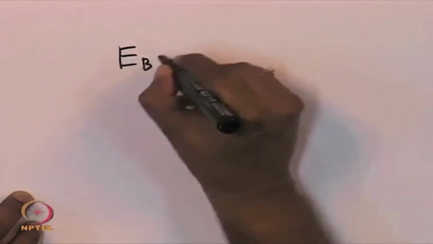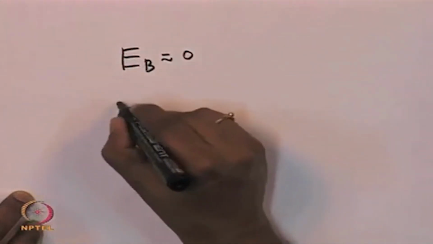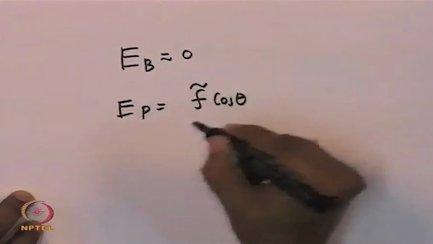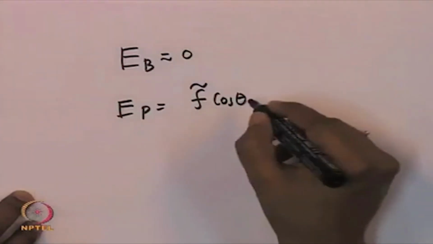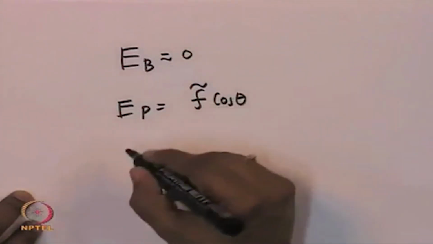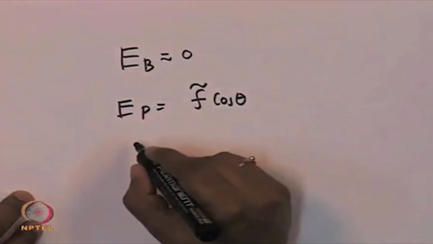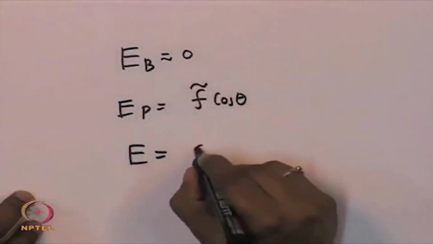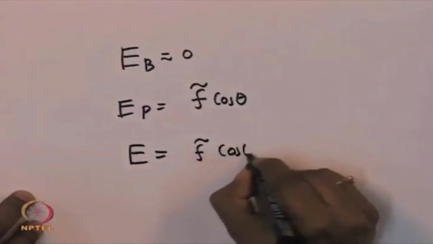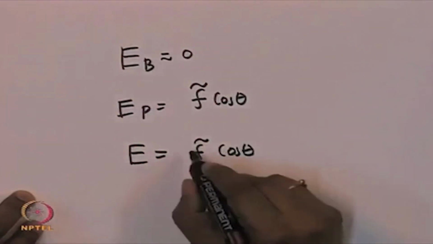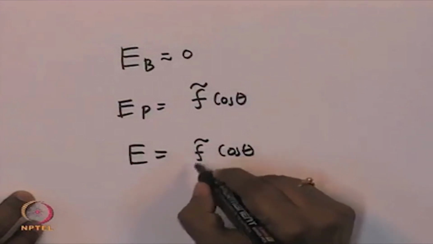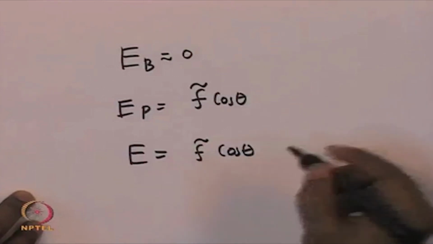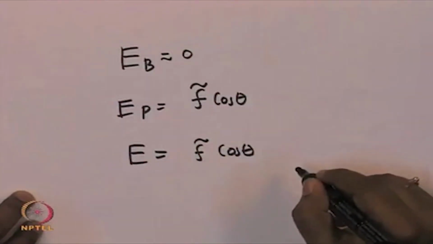Bending energy is 0, pulling energy is F tilde cos theta. So, the total energy E is 0 plus F tilde cos theta, which is actually F tilde cos theta. F tilde is F into some distance d, and so F tilde cos theta is basically your energy.